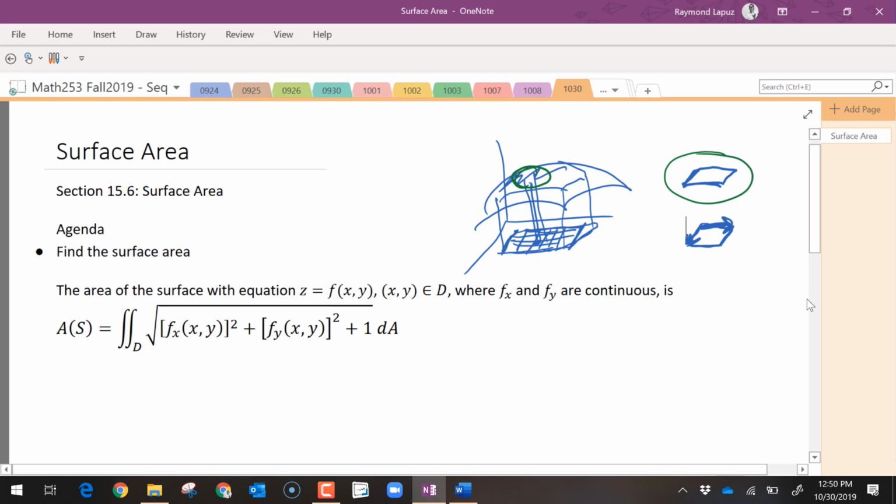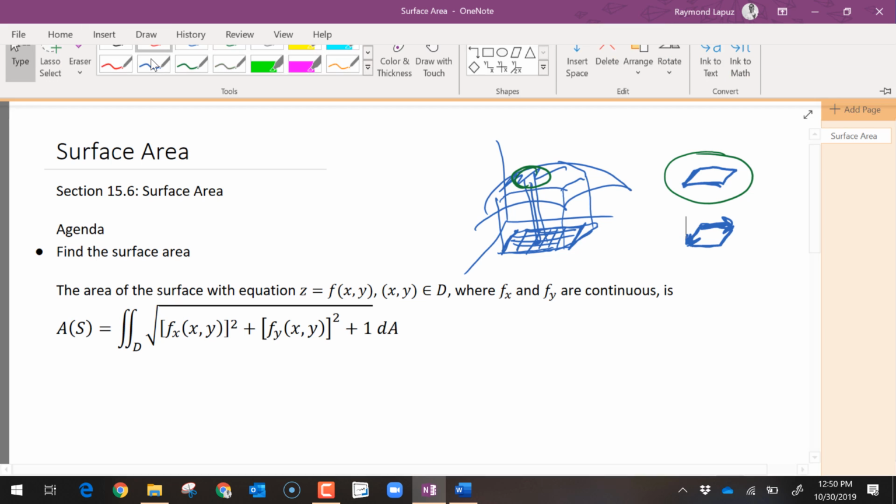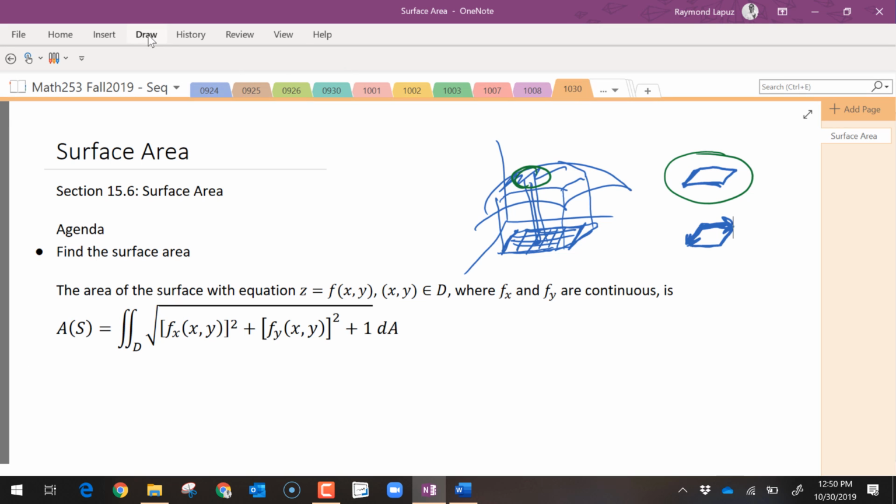They actually have length, the delta x and delta y, right? And then when we bring that up here, we get these tangent vectors that look like they're pretty close to it.